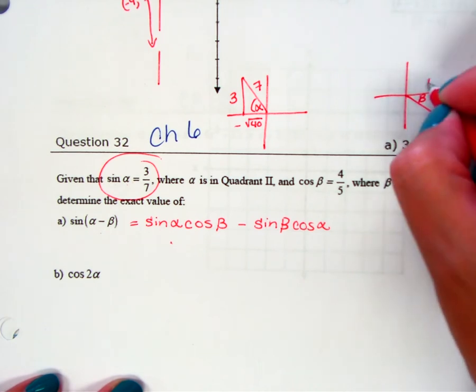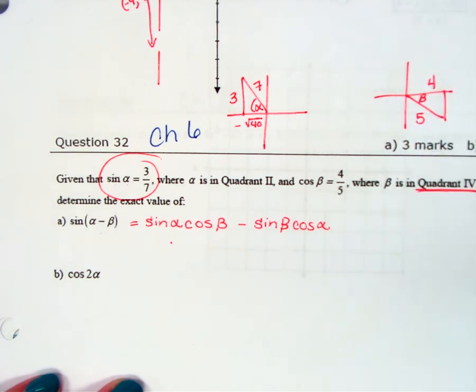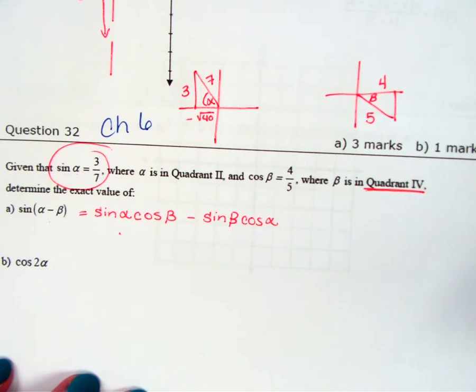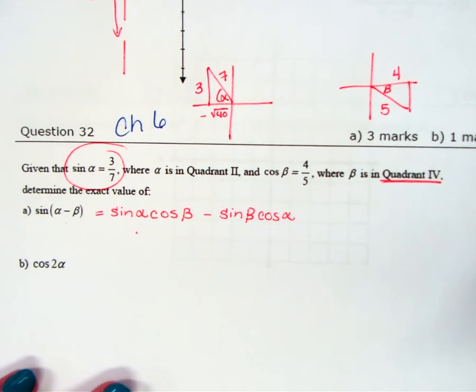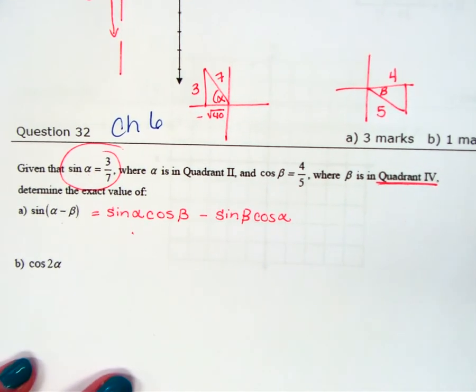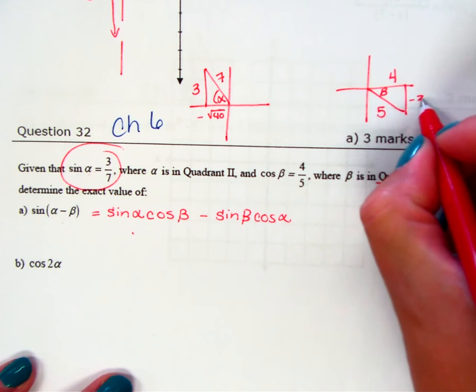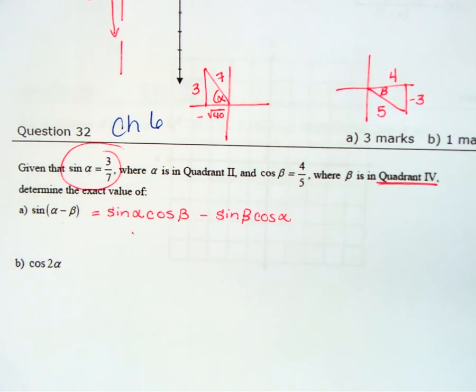So this is going to be 4, that'll be 5, what's y? But it's a negative 3, right?